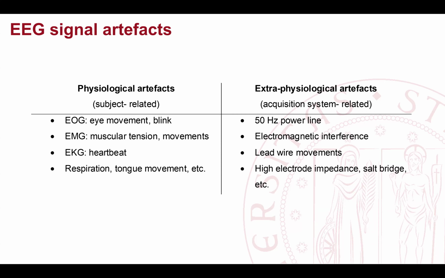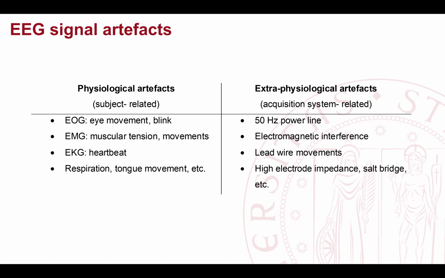For exoskeletons, this is my main field, there is a huge problem because every time the exoskeleton starts moving, it activates the motors, and the electrical activity of the motors gets into the EEG signal, and so I have to remove it. Movement of the wires: if you don't have a very good EEG system, or you have a lot of wires, while the wires are moving, for example, because you move your head, the movement of the wires will generate artifacts in your EEG signal.